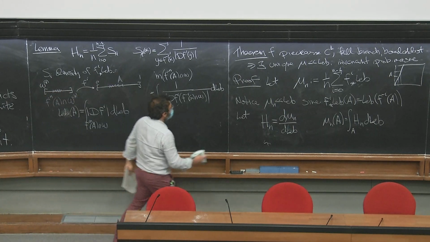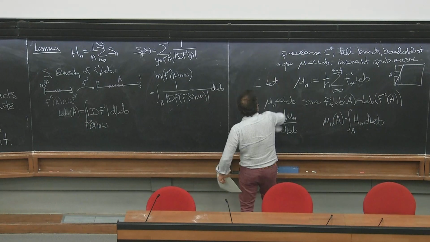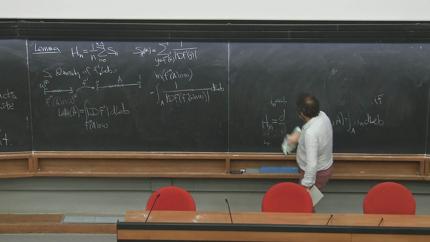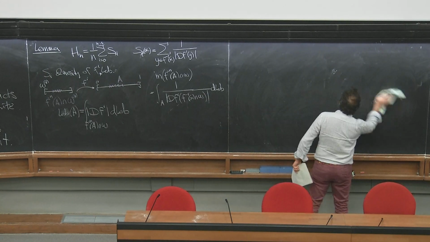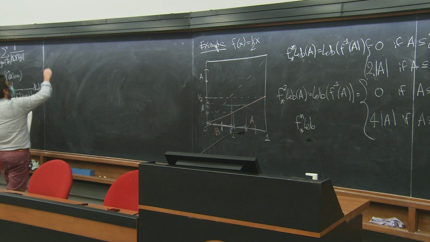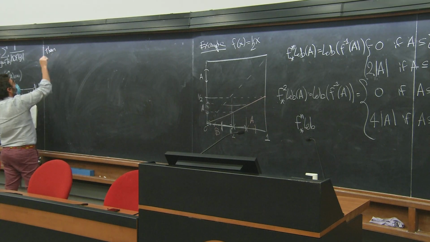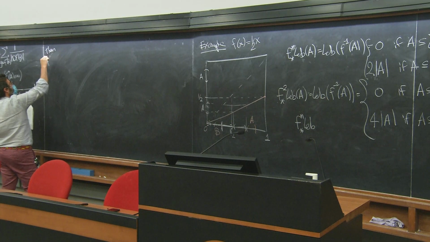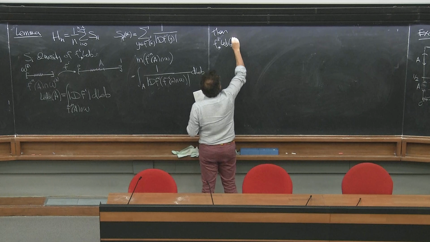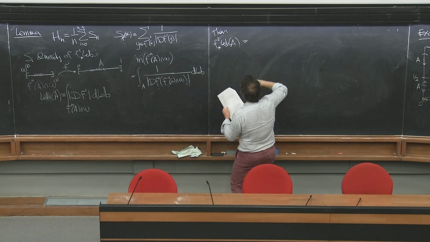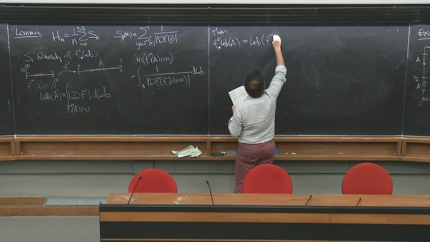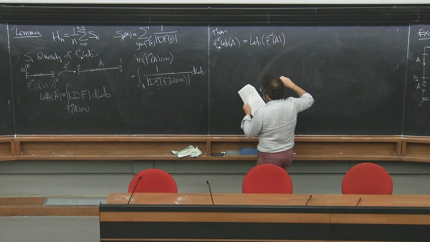And the reason we have this is because then we immediately get that F star Lebesgue of A is just equal to, by definition, Lebesgue of F^{-1}(A).